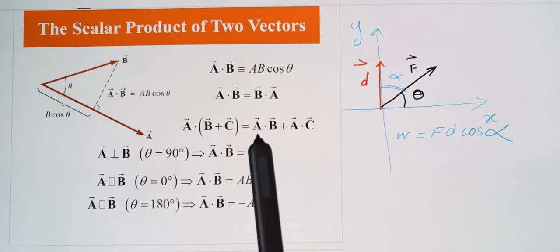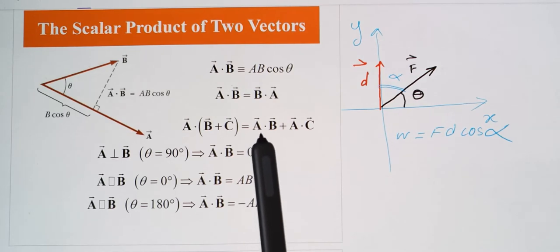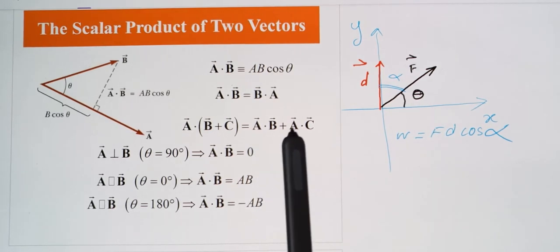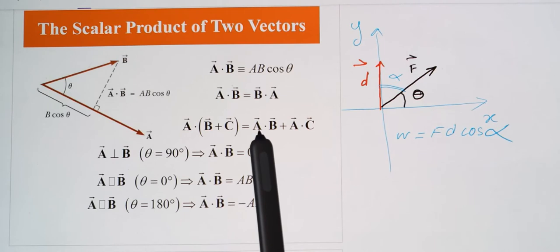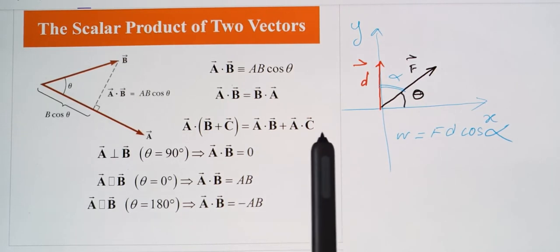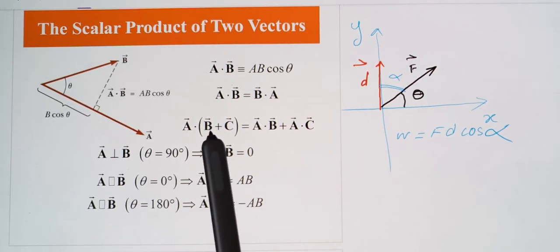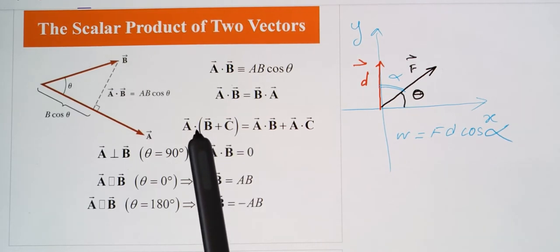it's not multiplication. Be careful, multiplication is for numbers. For vectors, we say it's A dot B plus A dot C, or we do B plus C and then dot product with A, it will be the same.